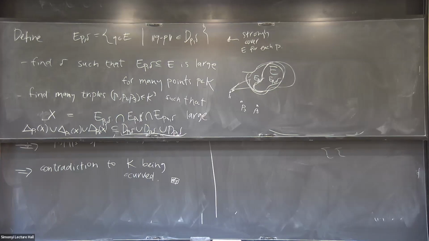So you're saying we have many triples. Now we need this to contradict somehow the definition of curve. So you're assuming it's curve, right? What was that curve saying? It was saying there's some exponent and there's some measure, such that when I look at triangles that are small for every radius, and now we find some. And then you're saying you're going to find many and many triples such that the condition fails.